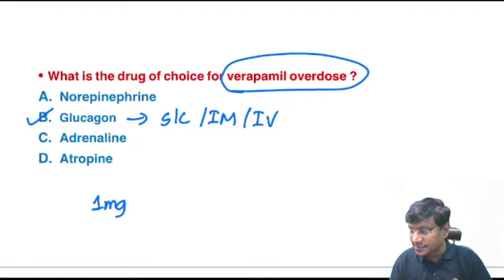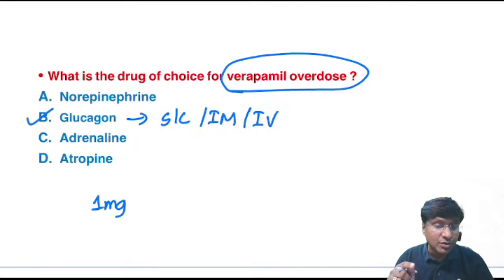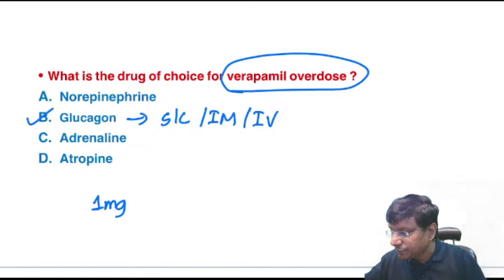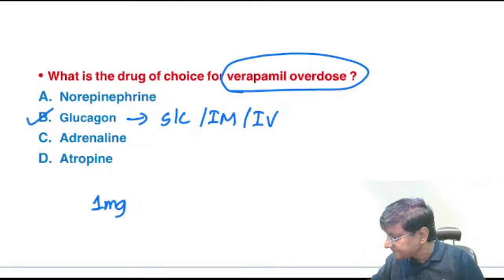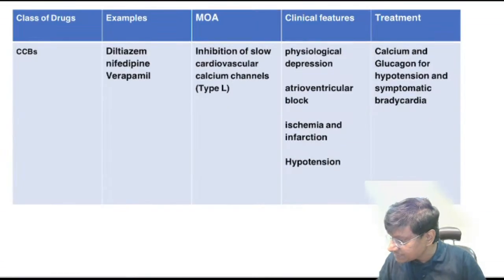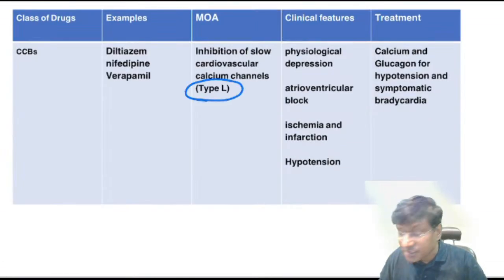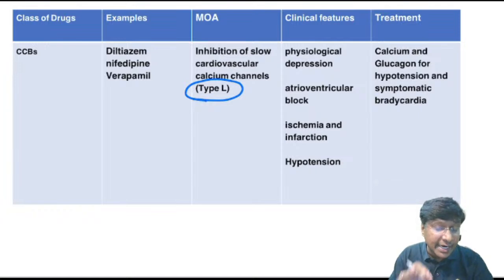Now which channels are blocked by verapamil? Verapamil causes inhibition of slow cardiovascular calcium channels, which are nothing but your type L channels. That will be a very important multiple choice question here.